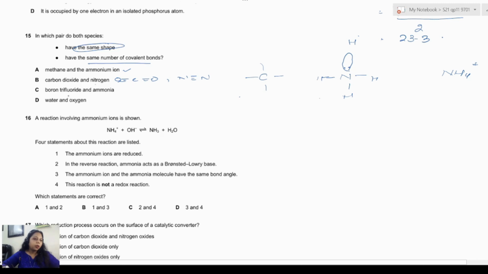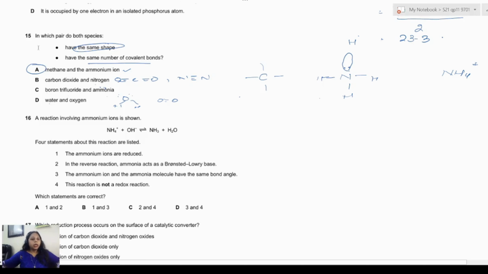Boron trifluoride and ammonia: in ammonia we have a lone pair, while in boron trifluoride there is no lone pair. That's why the shape is different. Water and oxygen, the shape is different because oxygen is linear while water is bent like this, and it has 2 lone pairs as well. So the only correct answer is A.